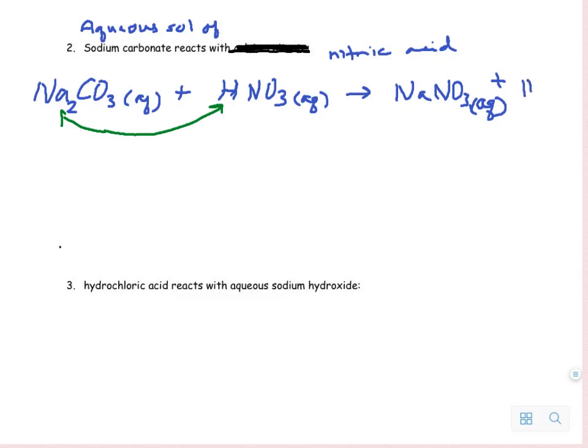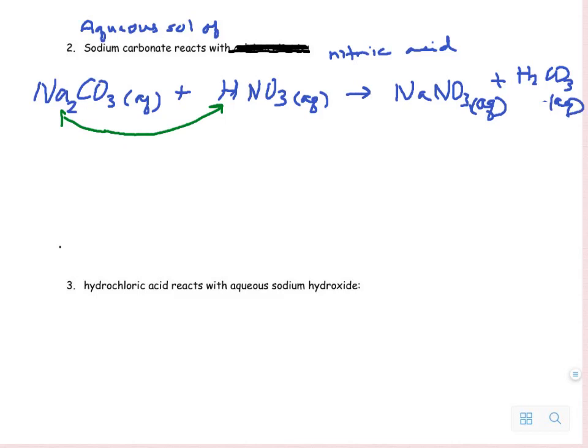So you actually get H2CO3. Because this compound is an acid, we would normally write it with a typical acid state of aqueous. But what you may not know about this acid is it's very unstable.